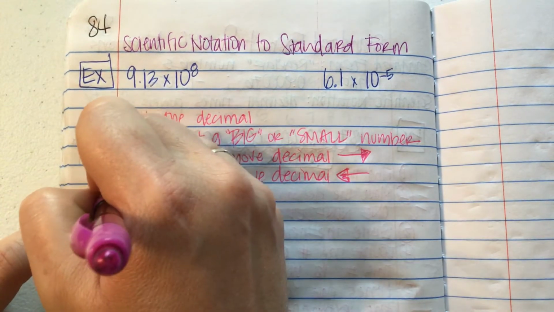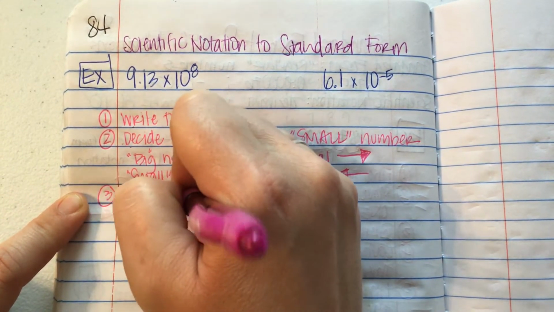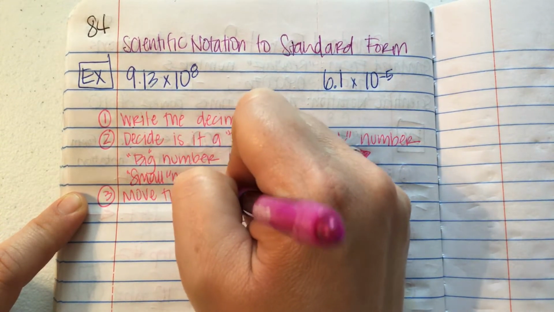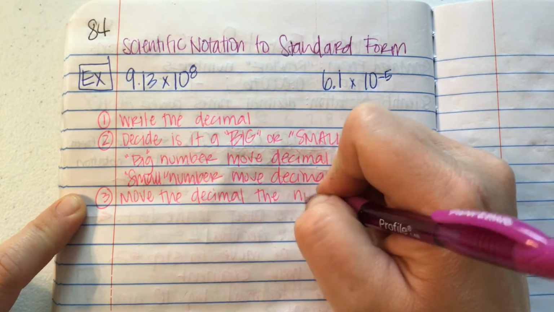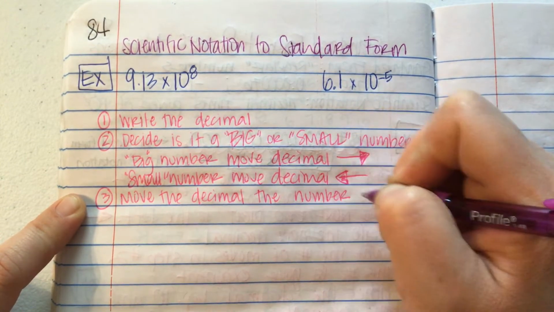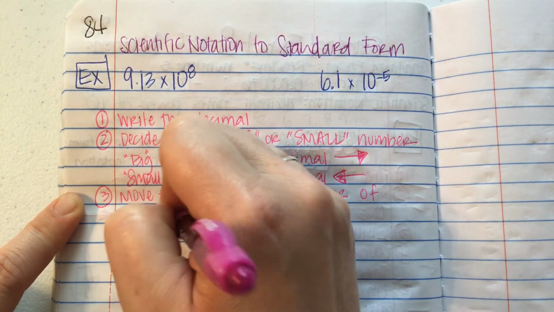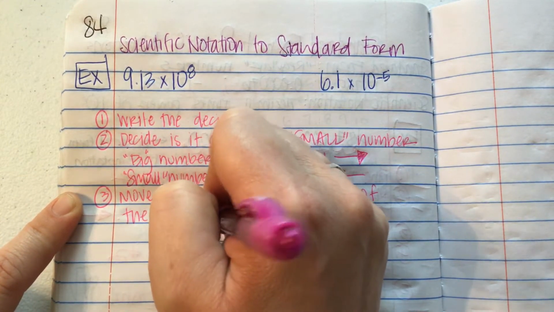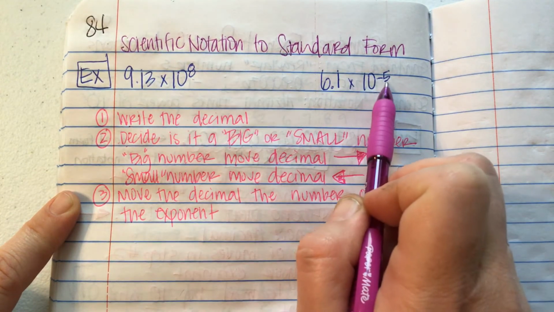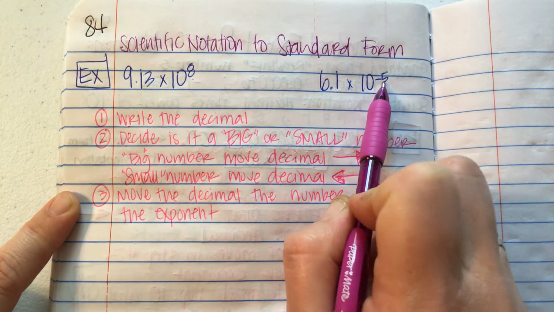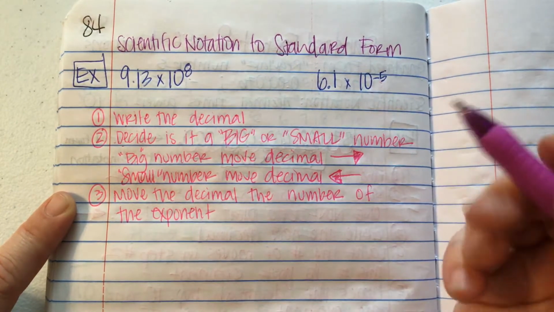And then you're going to move the decimal the number of the exponent. So in this problem, I'm going to move my decimal 8 times, and in this one, I'm going to move my decimal 5 times. I'm going to move backwards 5 times and move forwards 8 times in this one.